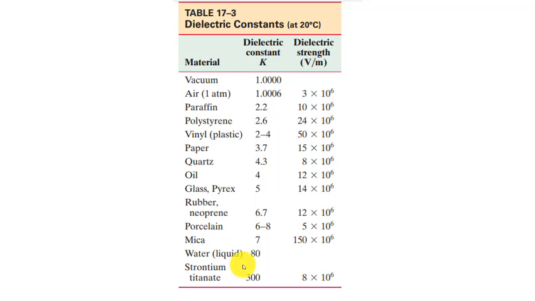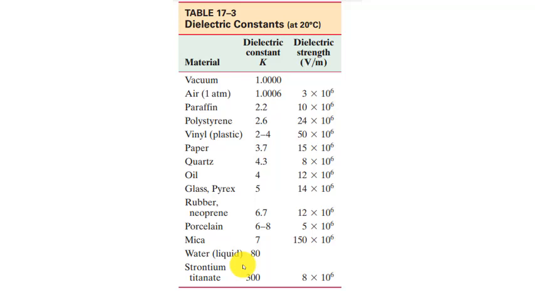Water is available in a much larger quantity as compared to strontium titanate, and water is also cheaply available. So this is reason number 1 behind using distilled water in inverter batteries.